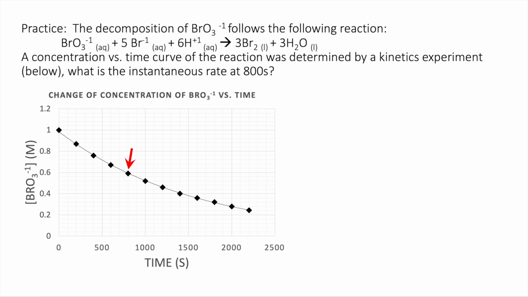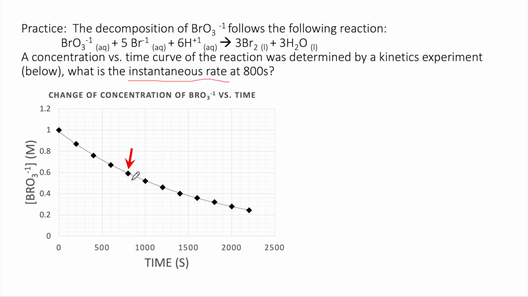Now, for this one, it's basically the same question, but the concentration versus time of the reaction was determined by the kinetics experiment below. What was the instantaneous rate at 800 seconds? So again, you're looking at the instantaneous rate. Because it's kind of hard to tell exactly where 800 seconds is, I went ahead and marked this one here.